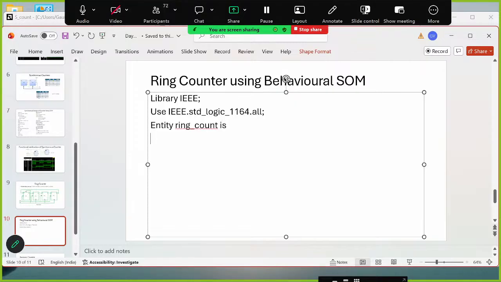Okay, port. If I want to design a 4-bit ring counter, what should I write? Port.